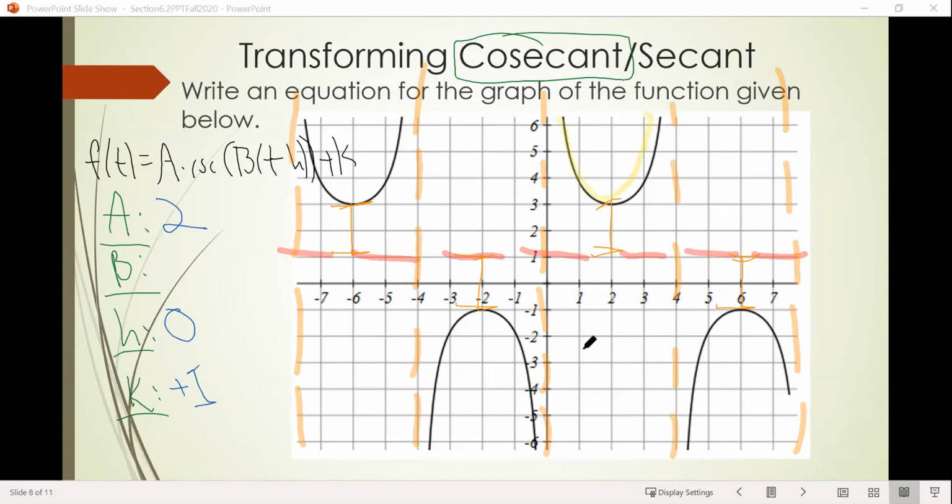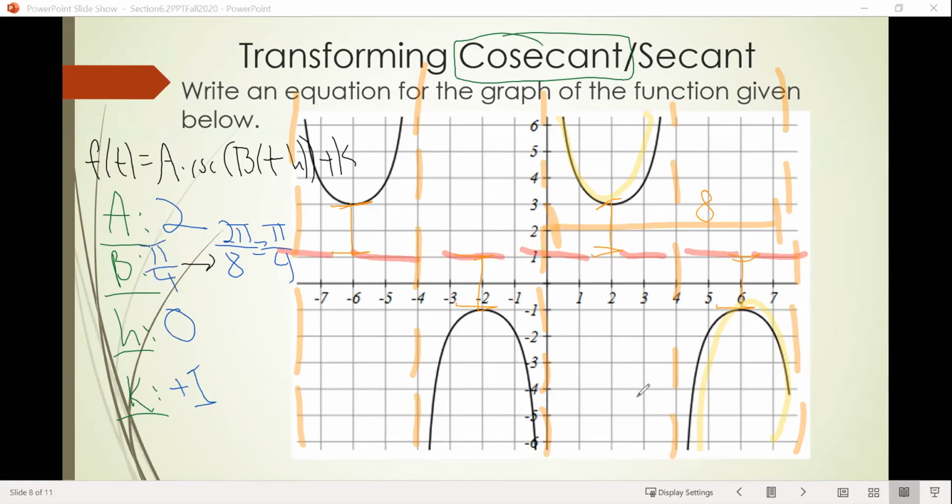So this followed by this is happening over this distance, which looks like it is a distance of 8 units. So that's our period, but remember that does not give us the value for B. The value for B will come from doing 2 pi divided by that period, which in this case is 8, so it'll give us pi over 4 as the value for B.